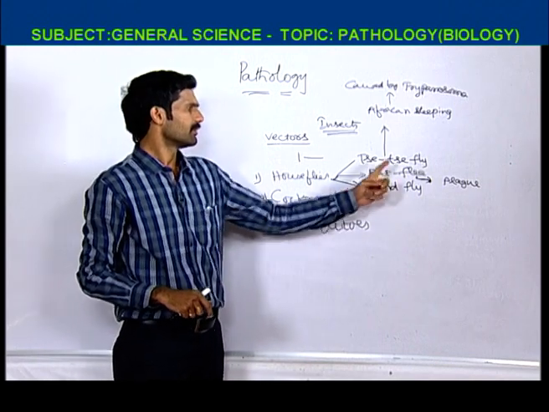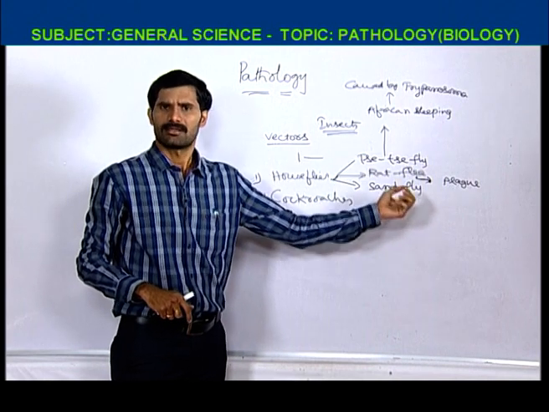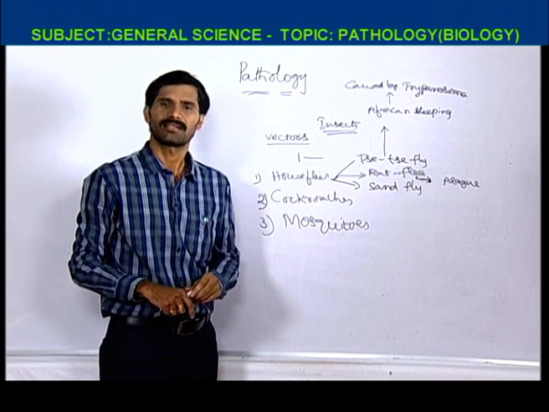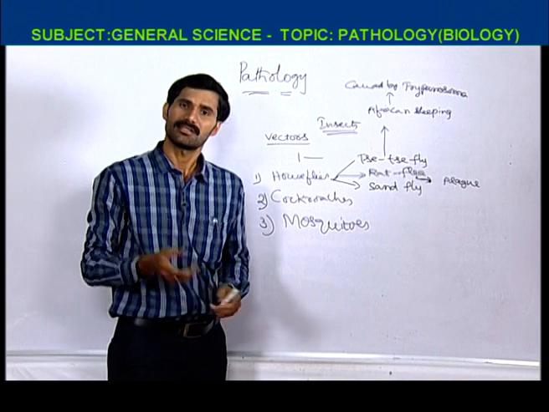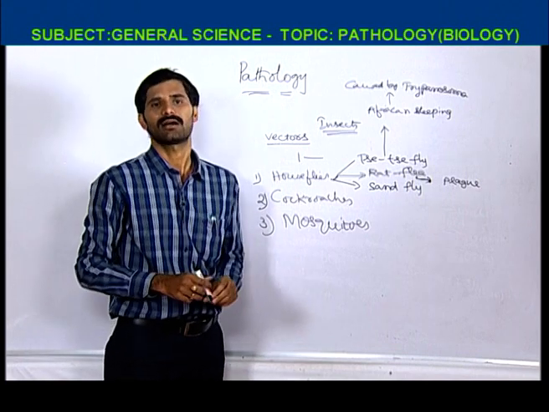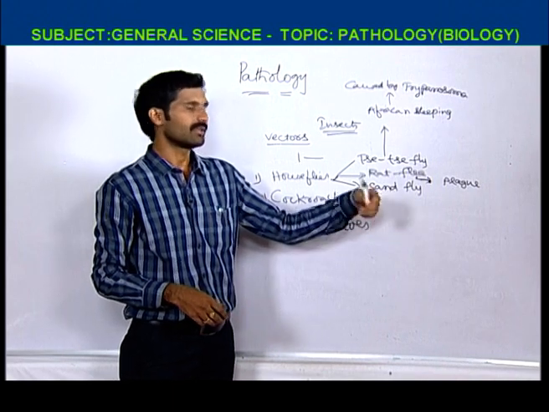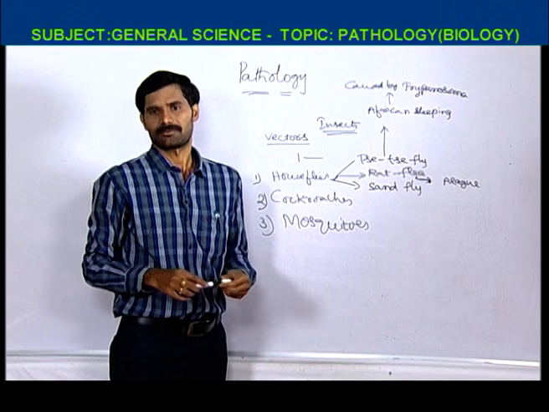But plague is a bacterial disease caused by Yersinia pestis. Yersinia pestis is an endoparasite in the gut of the rat, and the rat flea is an ectoparasite on rats.